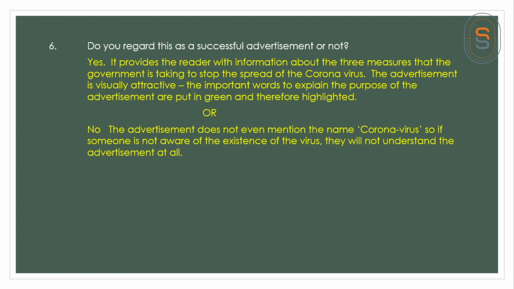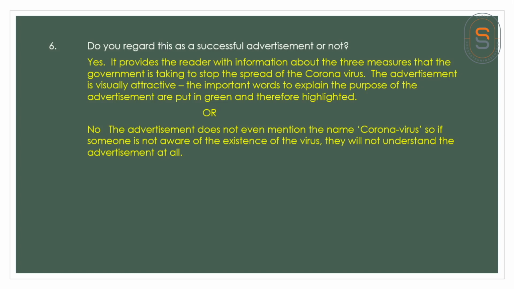Right, so if you said, yes, I regard this as a successful advertisement, remember, you must make your opinion clear. First of all, you must say, this is my opinion. Yes, I agree, or no, I don't agree. That the marker can immediately see what your point of view is. So this one says, yes, it provides the reader with information about the 3 measures that the government is taking to stop the spread of the coronavirus.